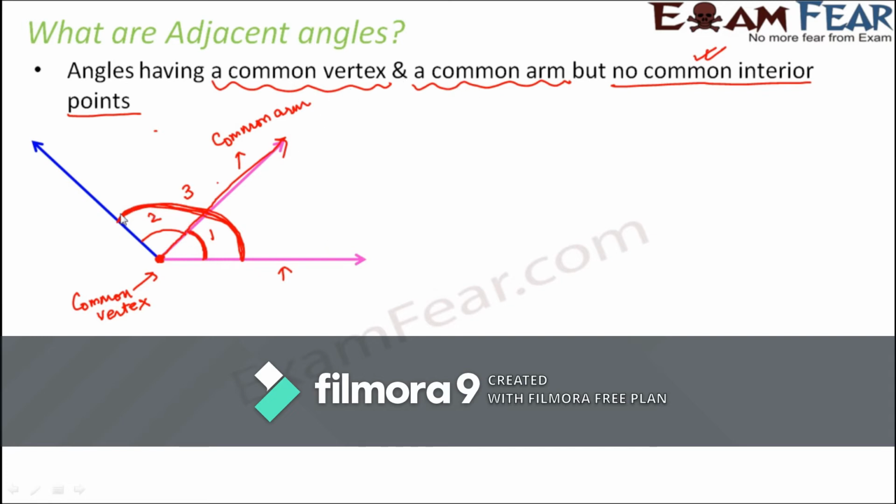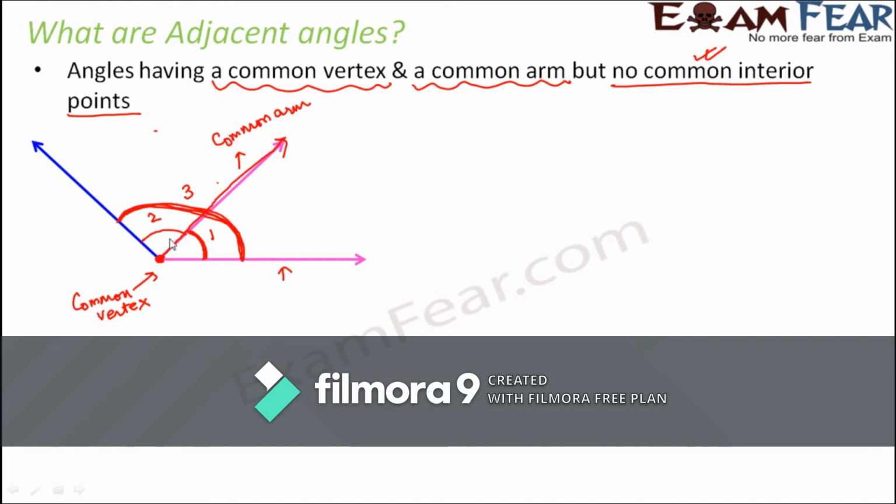But when you look at the third criteria, for angle 3, this entire region would be the interior points, and for angle 1 this region would be interior points. So basically the region interior to angle 1 is also interior to angle 3, so they will have common interior points, and that is where we will say that angle 1 and angle 3 are not adjacent angles, correct?